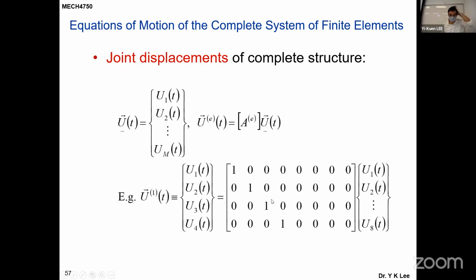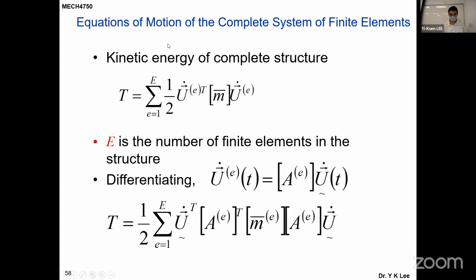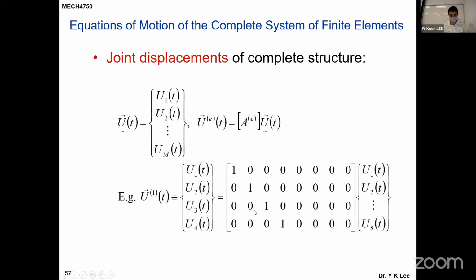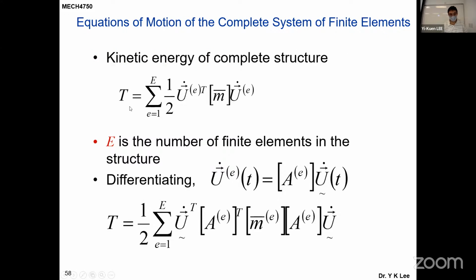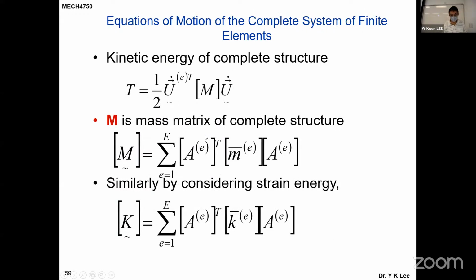In general, we can describe the general coordinate system for this complete structure. The same thing applies to the kinetic energy: we derive the same way as for the stiffness matrix Kij, calculate our kinetic energy, and eventually do the transformation.